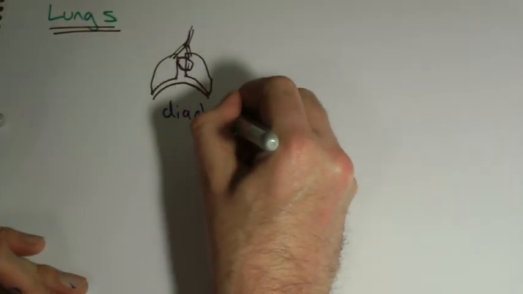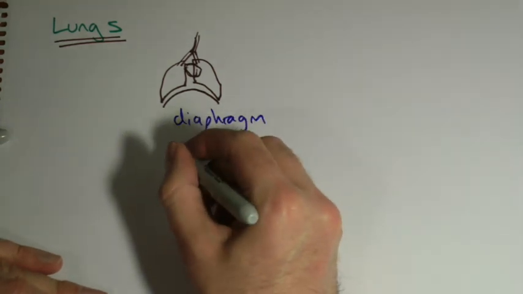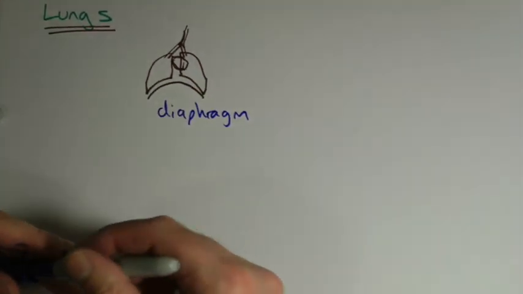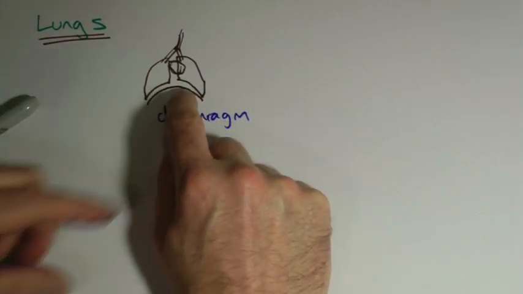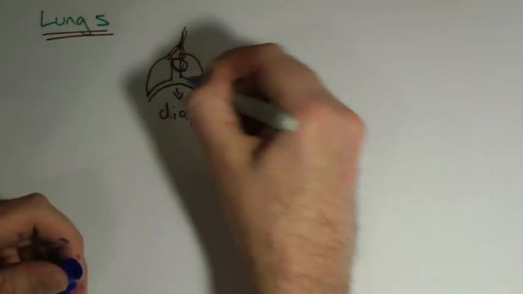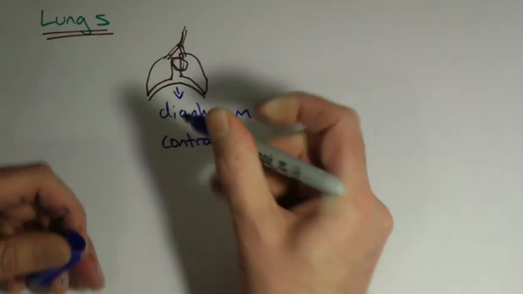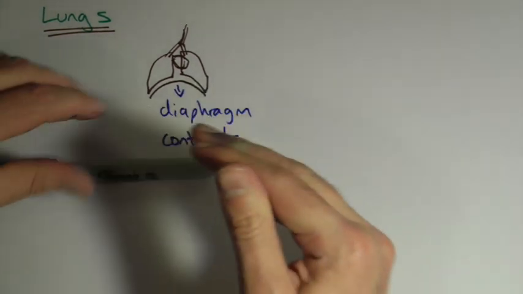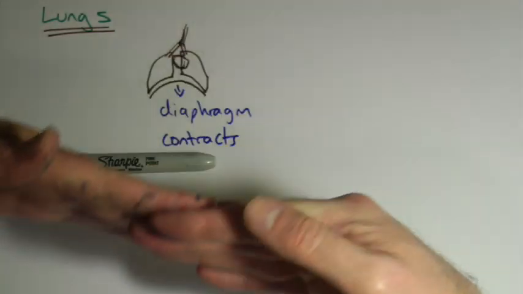And the key to the way that you ventilate your lungs, in other words, bring air in and out, is that two things are going to happen. Number one, the diaphragm is going to move downwards, and to do that it contracts. Imagine the diaphragm being a kind of flat sheet, and it's going to pull.